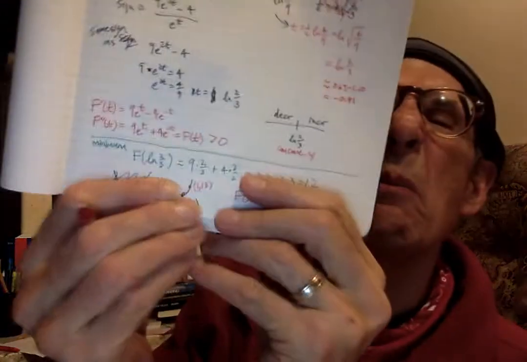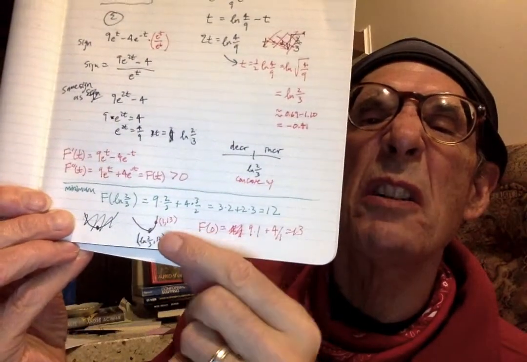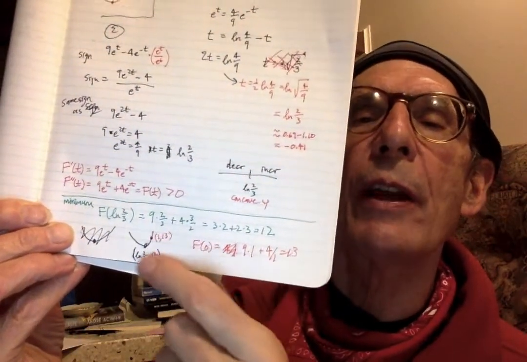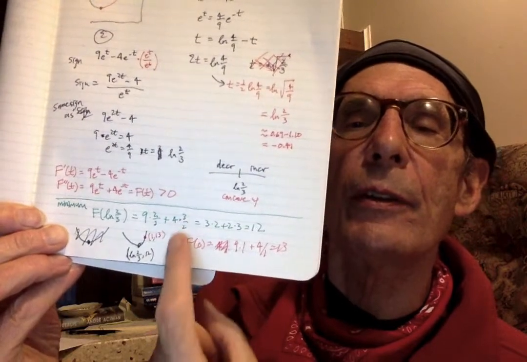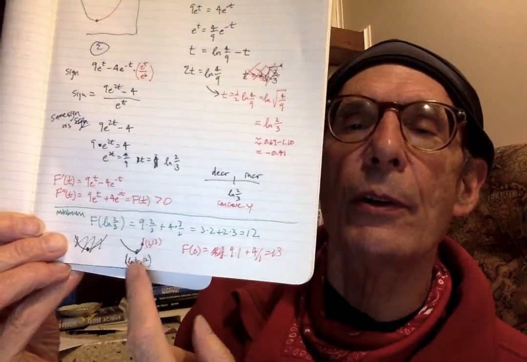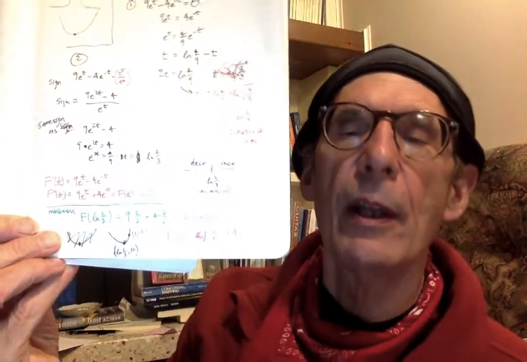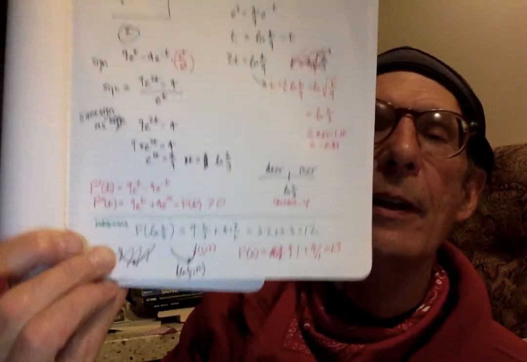So there's another point I'm adding on this graph, which is 0, 13. Remember, I'm going to scan this so you don't have to worry about it. So now we know what the scale is. So that we know the vertical scale, and again, natural log of 2/3 is about minus 0.41, and so we've got things done there.